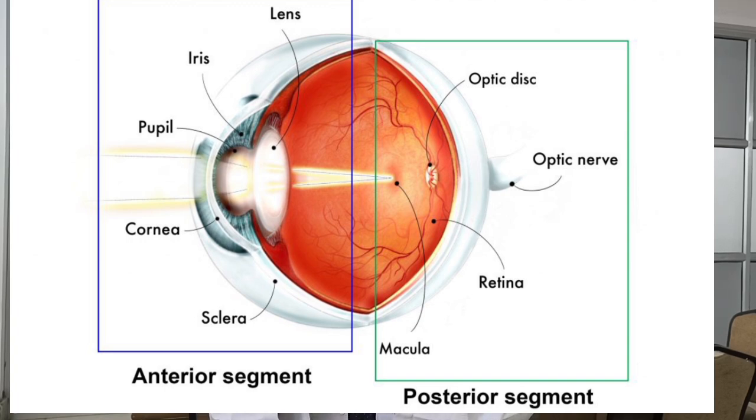So the posterior chamber of the eye and the anterior chamber of the eye. Now I think you have understood, so you can easily understand the flow of aqueous fluid.